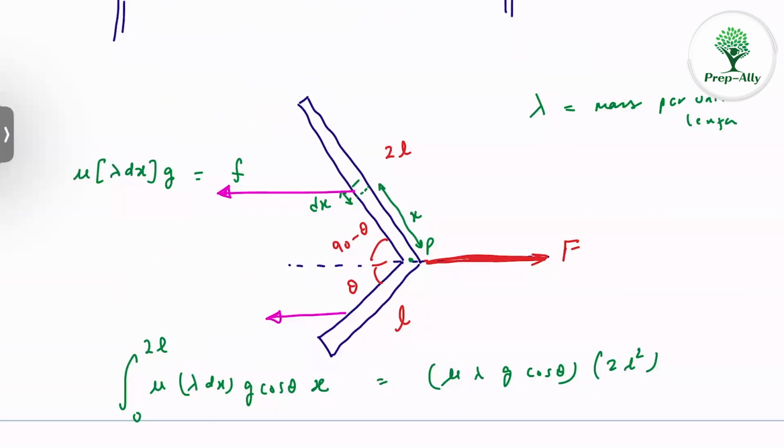In the sense, if this part has a mass dm, then the force is dm into g. And all these parts will get the gravitational force in the same direction, and the gravitational force is proportional to mass. So friction also is like this: all of these parts will get the friction force in the same direction.